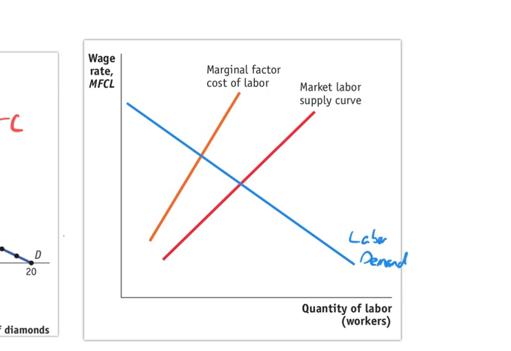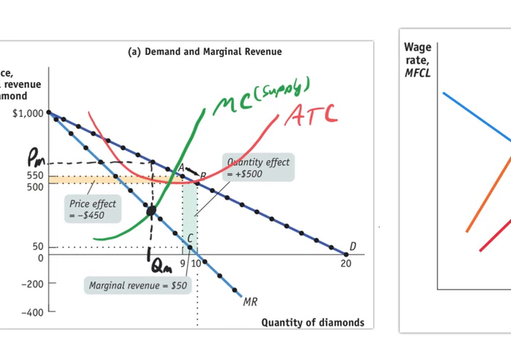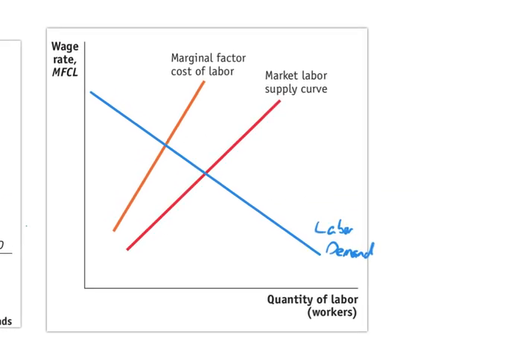To determine how many people get hired and at what rate, I look at the intersection of demand and the marginal factor cost curve. I just want to be clear, this marginal factor cost curve is always going to lie above your supply, just like for the monopolist, marginal revenue lies below demand. Marginal factor cost lies above supply.